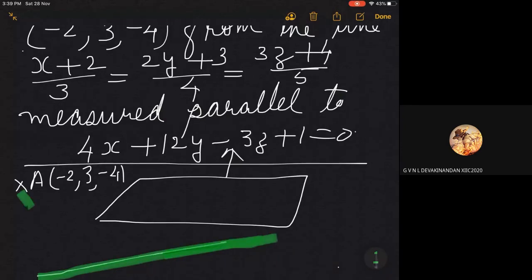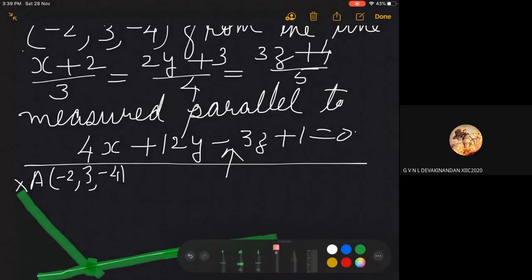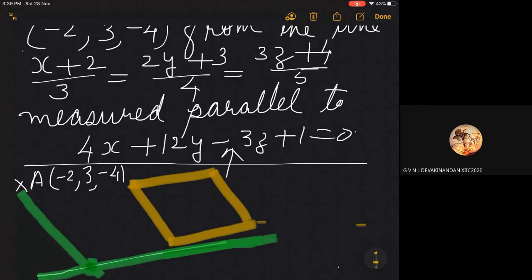You have to find out the distance measured parallel. So I'm just rubbing off the plane now. Suppose the plane is like this. Okay, this is your plane. And this is the normal to the plane which is perpendicular here.